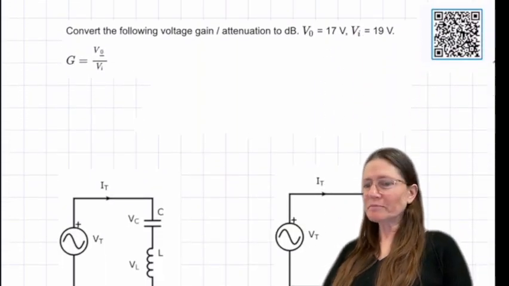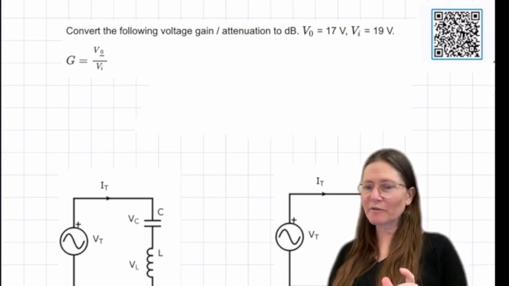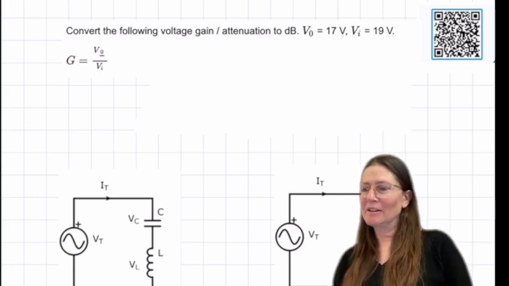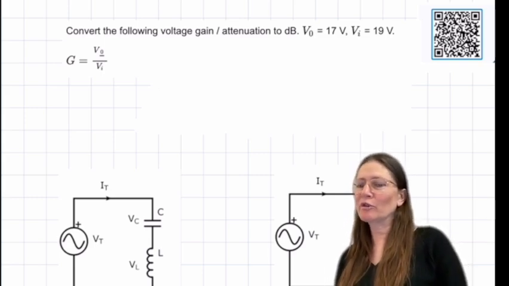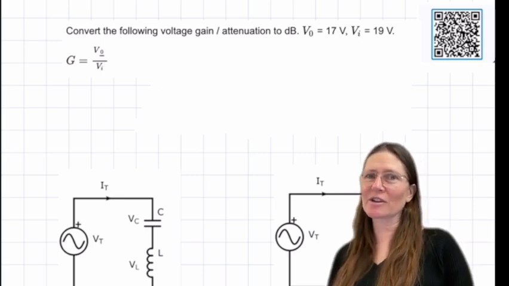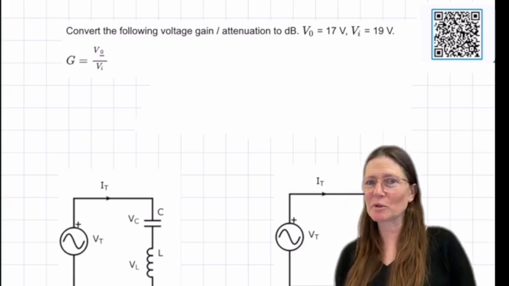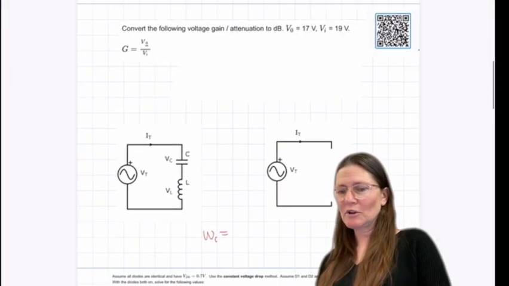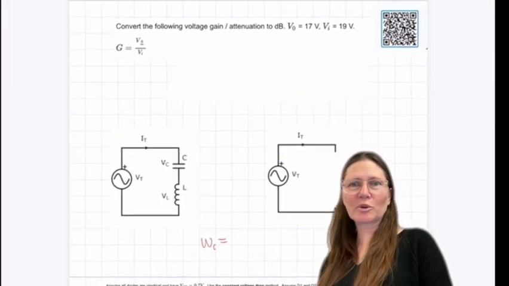So, being able to convert the following voltage gain attenuation to dB. Your V out is 17 and your V in is 19. So 17 over 19 volts per volt. Take a second and try to, actually, why don't you guys work on both of these?